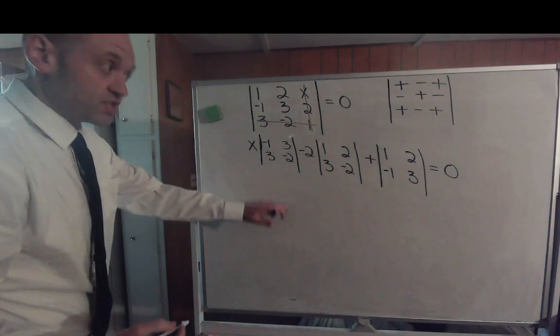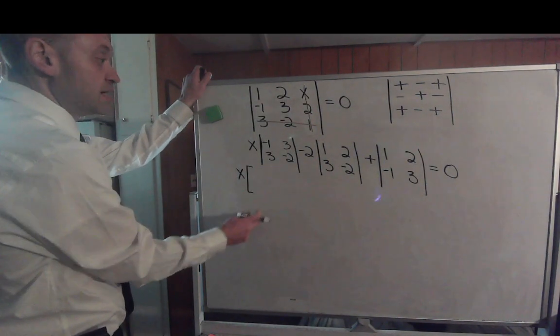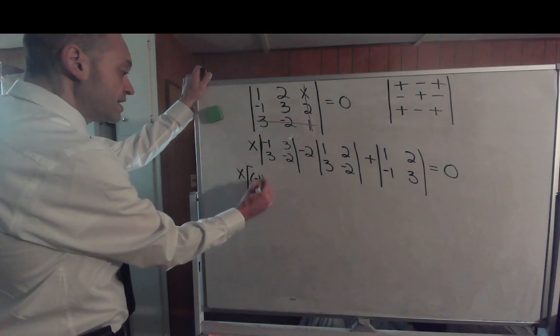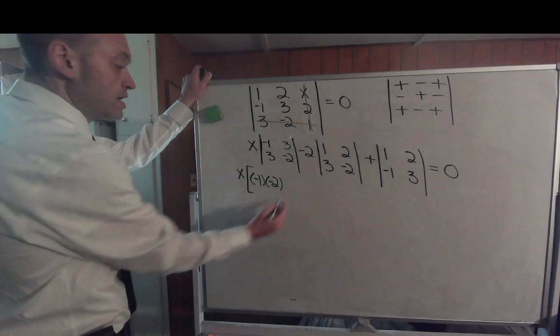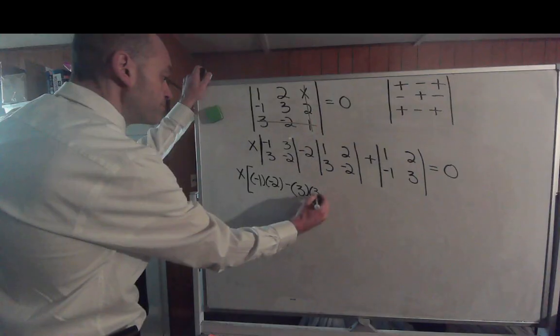So now let's just solve these 2x2 determinants. That'll be x times that -1 times that -2 minus that 3 times that 3.